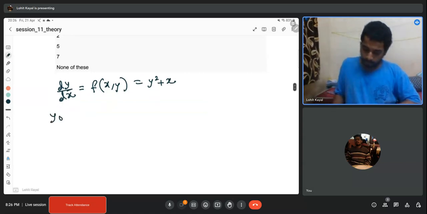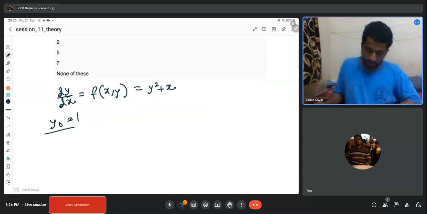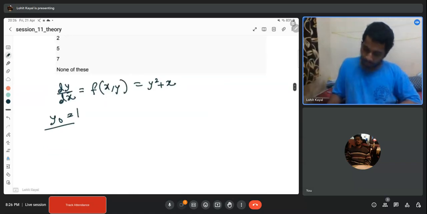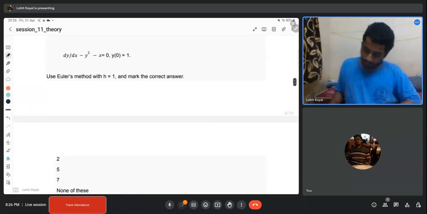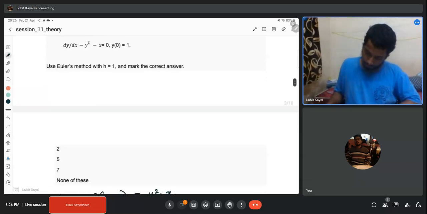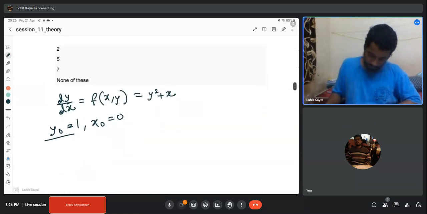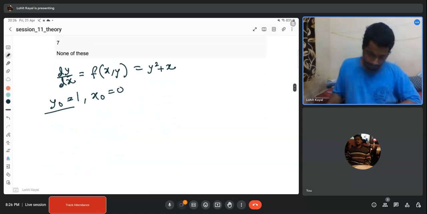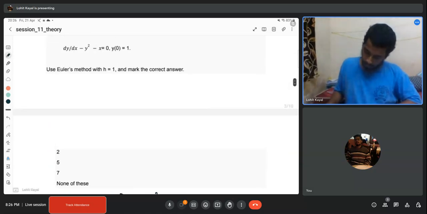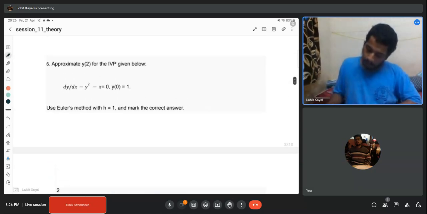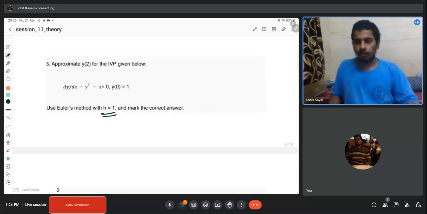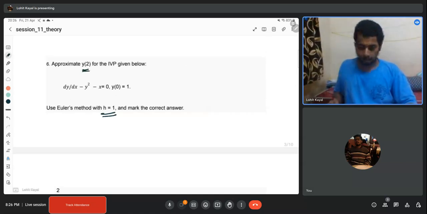Now here y0 equal to 1 and x0 equal to 0. Here h is equal to 1 and I need to find y2. That means it will be a two-step explicit Euler technique.